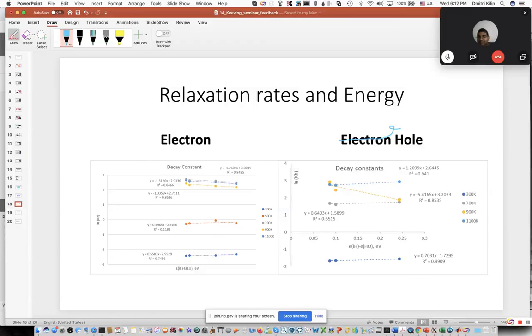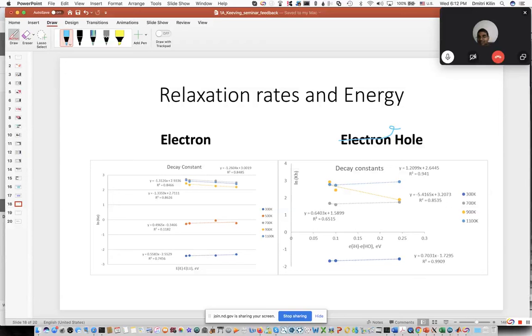We see that the band gap law applies to the electron only at higher temperatures, but there seems to be minimal applicability to the electron transitions at lower temperatures.